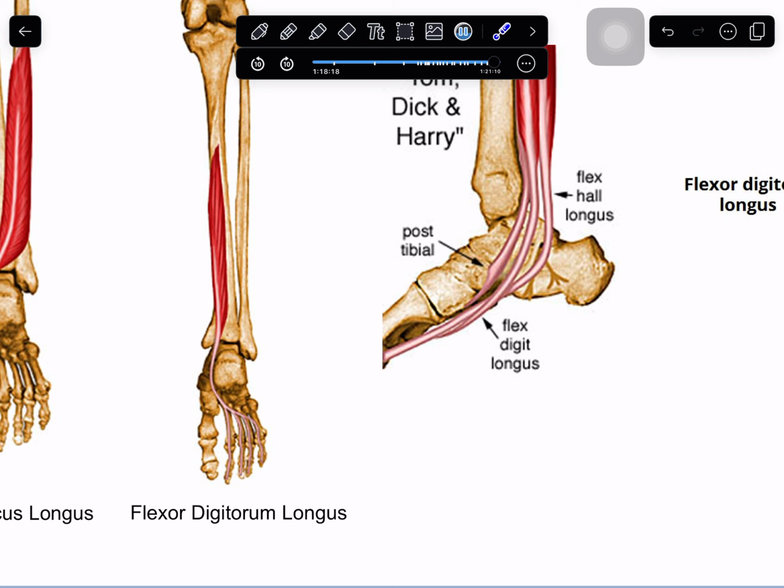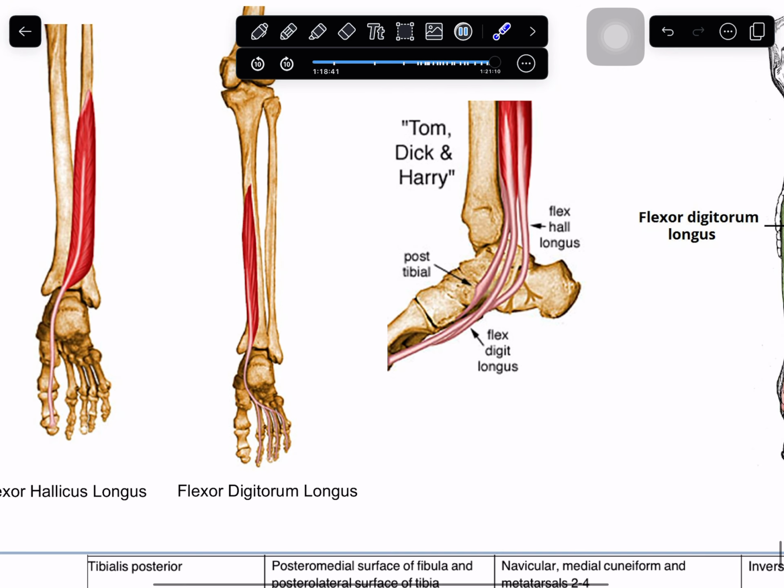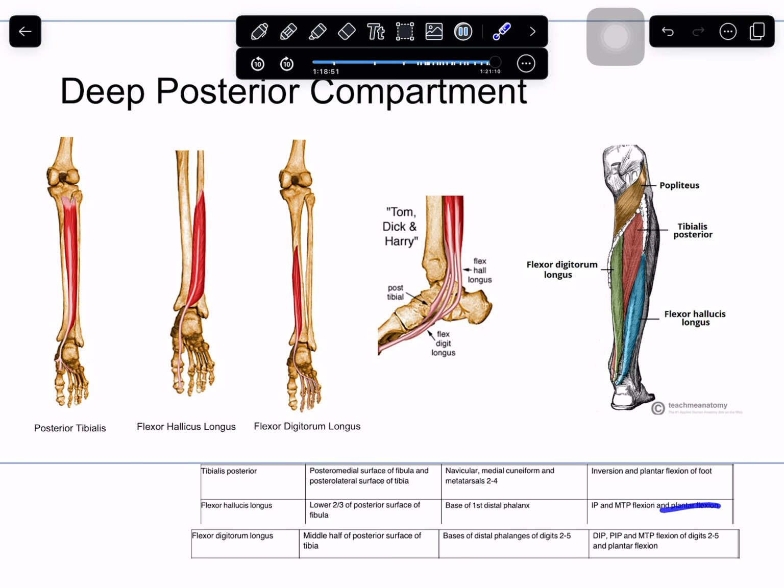Again, running down on that medial side. And similar to our extensor in terms of the insertion point, it is going to split. It runs down the medial side and the posterior aspect of the ankle, then divides into 4 tendons, and this time goes into the plantar aspect of those distal phalanges of the 4 digits, right? So 2 through 5. And that's going to help a lot with flexing the digits, 2, 3, 4, and 5. Whereas the flexor hallucis longus is going to flex that first toe specifically, right? So since these are all posterior muscles, they're going to aid with plantar flexion. So we will definitely want to keep that in mind.